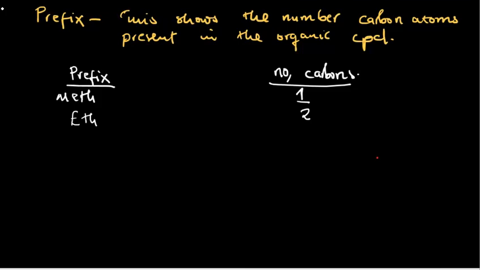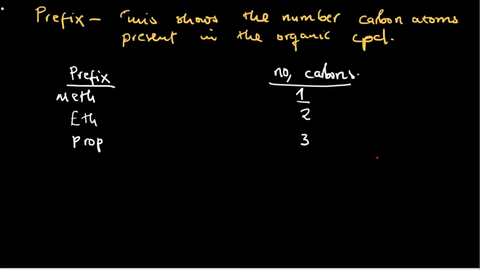So this is the trend: the more we go down, the higher the number of carbon atoms we expect. We also have prop. Names that start with prop, e.g. propane, propyl, have three carbon atoms.